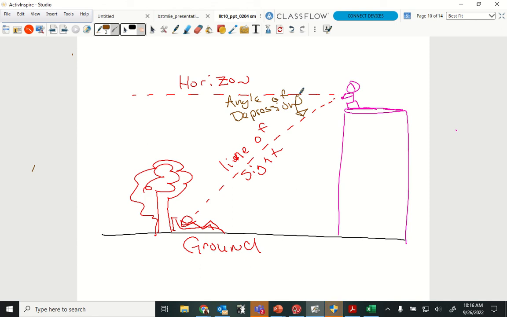Because the horizon and the ground are going to be parallel, right here, let me throw in this color. So, right here, Denny be like, dude, I see him there. I need to go save my friend.